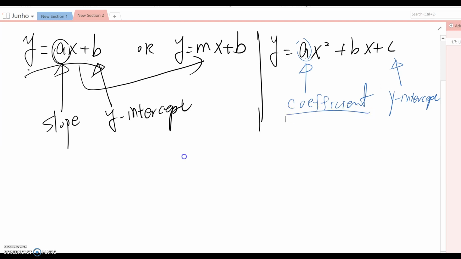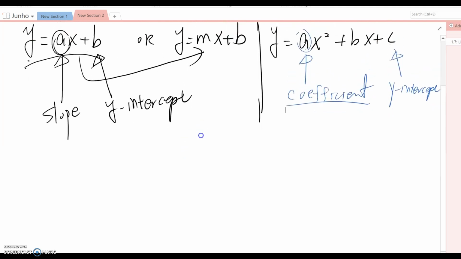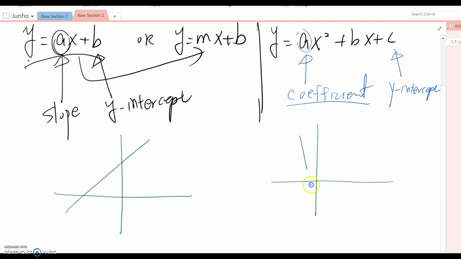It's because the y equal to ax plus b form has a linear graph, but in this case we have a parabola graph here. In the linear function case, any point you choose and find the rate, it will be regular, which means the rate is constant and exactly the same.